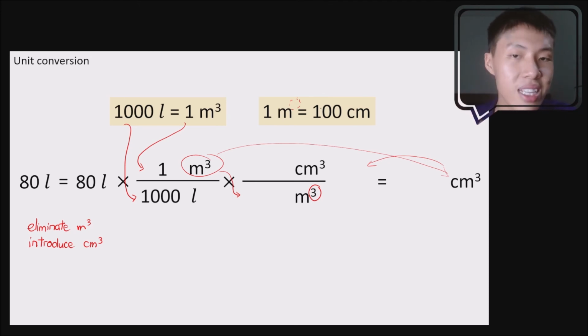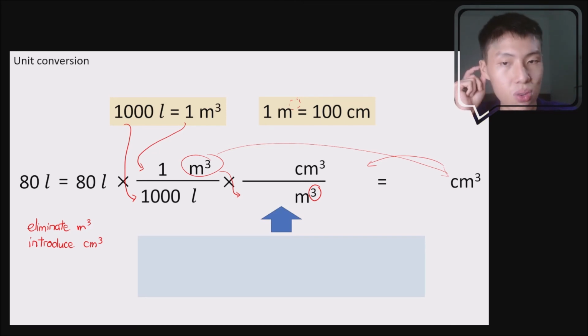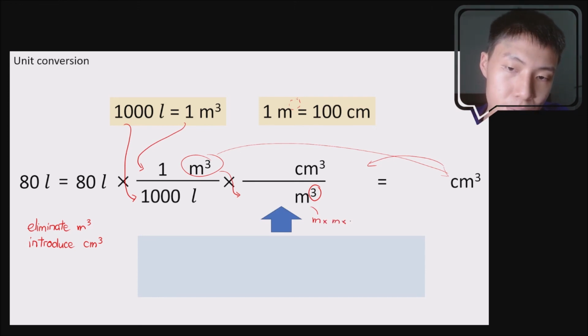In that case, you have to figure out the conversion from meter cube to cm cube. To do that, let's do a bit of recall. Meter cube is just meter times meter times meter, right?